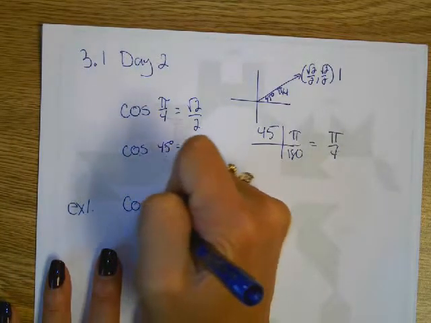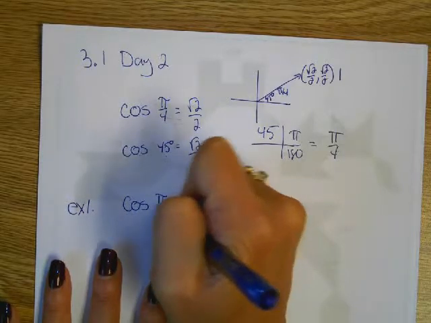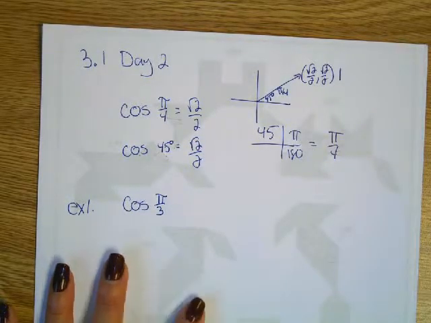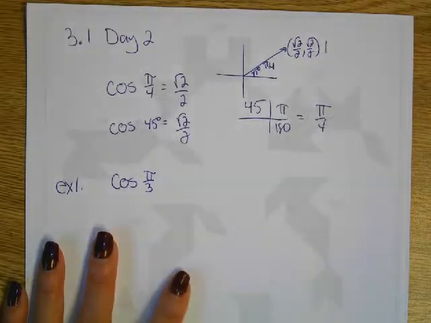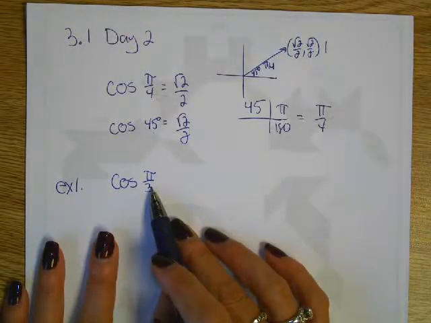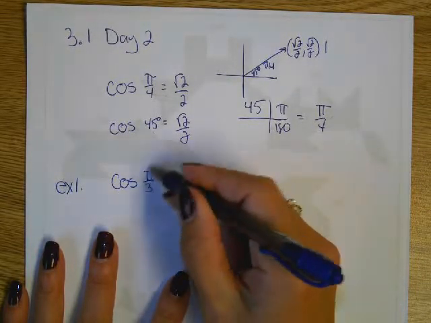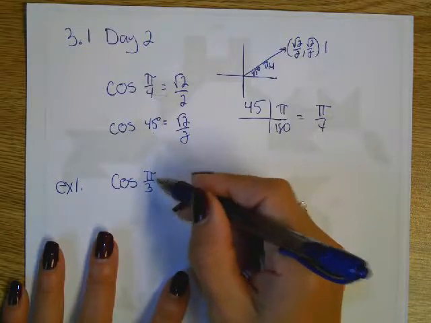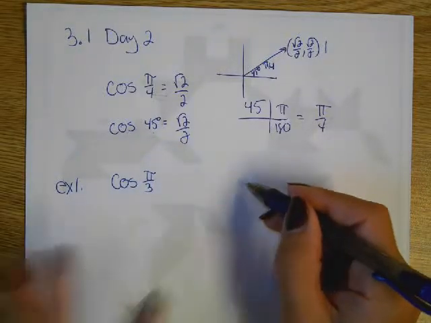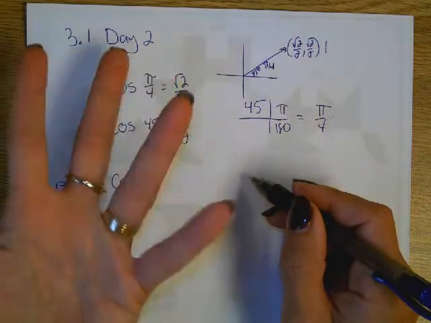If I asked for the cosine of pi over 3, and if I ask you to use your left hand, again, my brain doesn't work so well with radians. Yeah, I put that out there and you're like, whew, just talking a whole other language. But we know there's a degree equivalent for this. So off to the side, you want to find that degree equivalent so you know which finger to roll over.